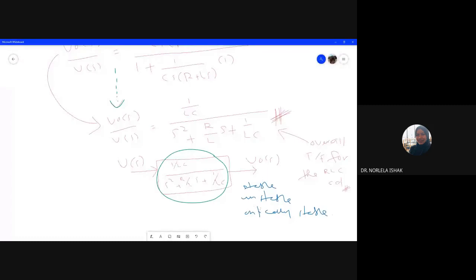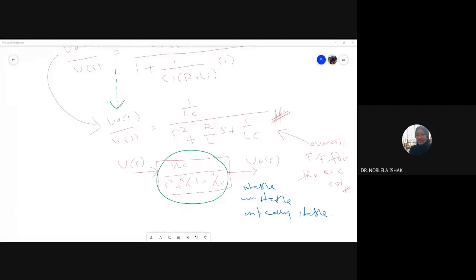Semester lepas Aisyah belajar signal and system. How to define stability from the transfer function? Macam mana nak define stability from the transfer function? Siapa ingat? Who remembers? Brian? You can share how to define the stability from the transfer function.